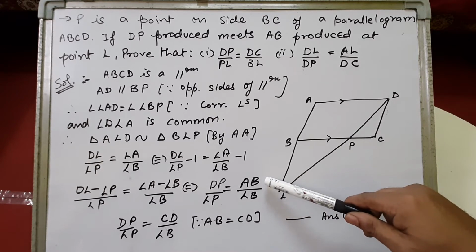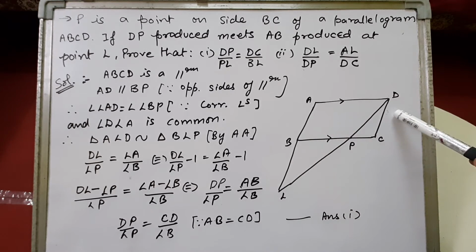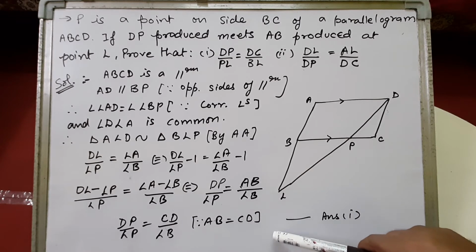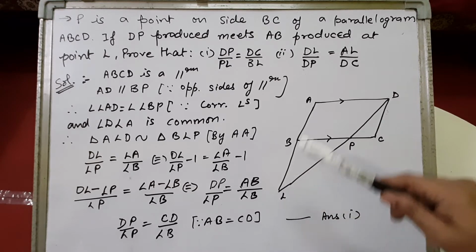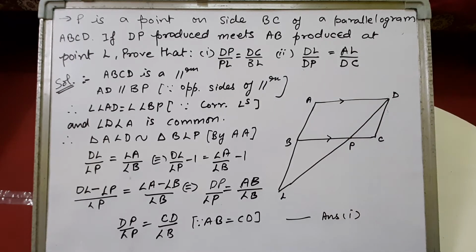We are not doing the reciprocal here. We are replacing AB with CD, because the opposite sides of a parallelogram are equal to each other. So DP upon LP equals CD upon LB, right? This is the first condition that we have to prove, DP upon PL equals DC upon BL. Please note down the first solution.